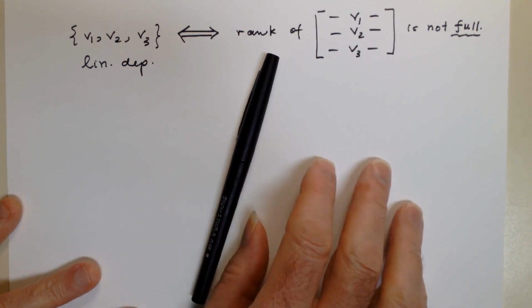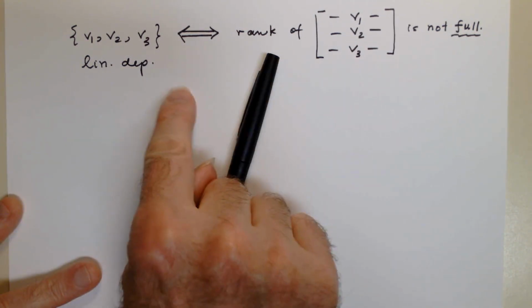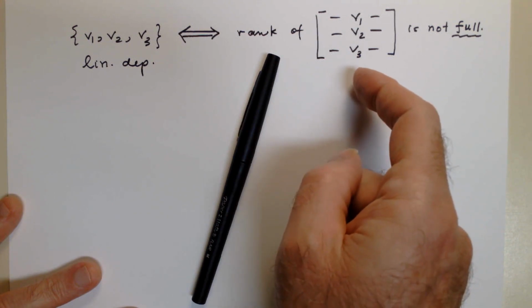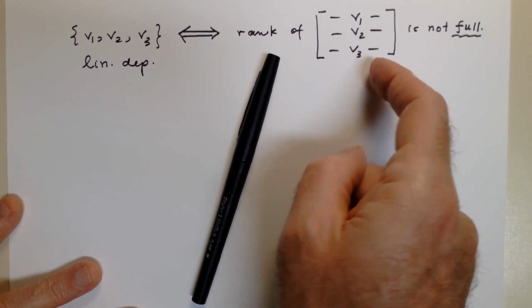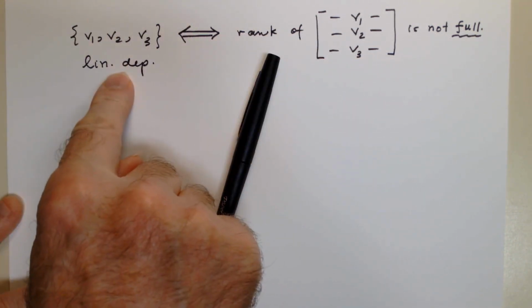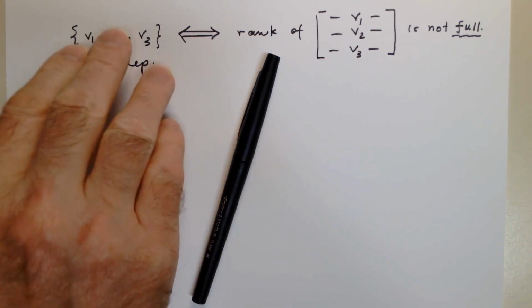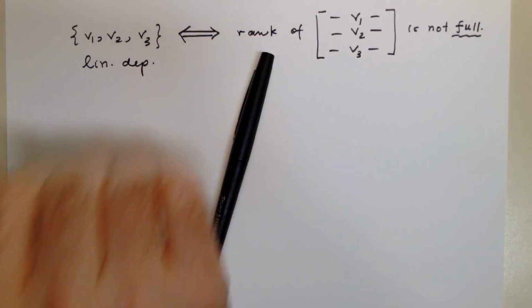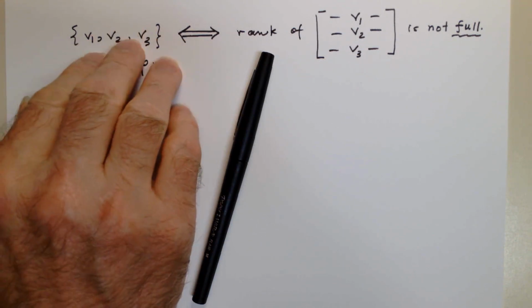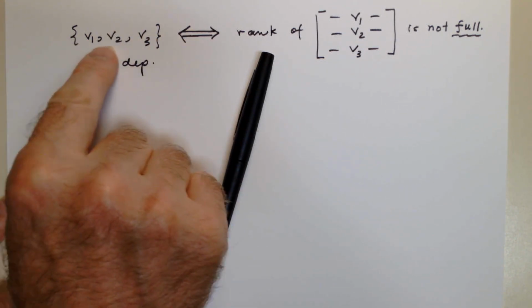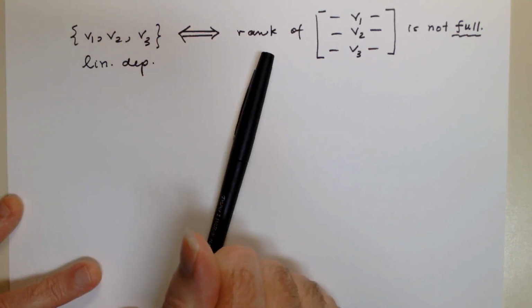Now, I'm also going to cheat. I'm not going to show you the reverse implication. The reverse implication is: if this matrix does not have full rank, then the vectors must be linearly dependent. I'll only show you this direction, not that direction. And I'm not showing it to you for an arbitrary set of vectors v1 through vm. I'm only showing it to you for 3.